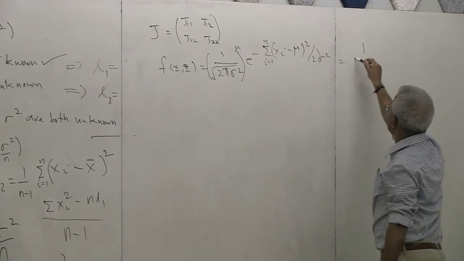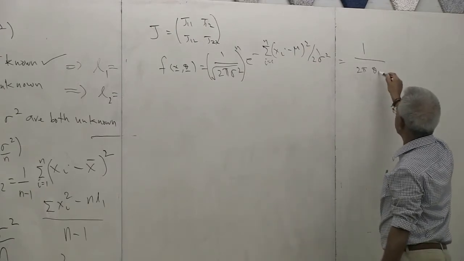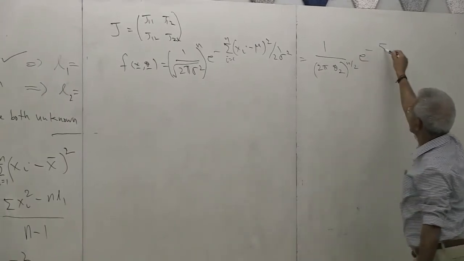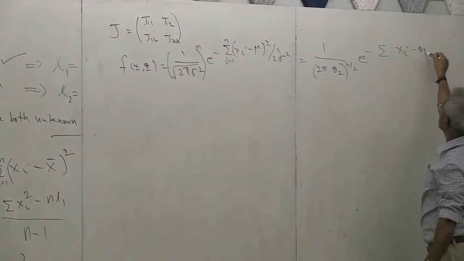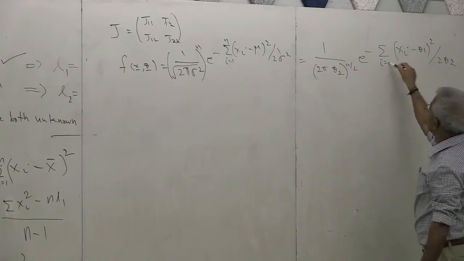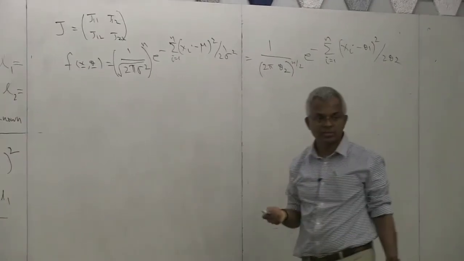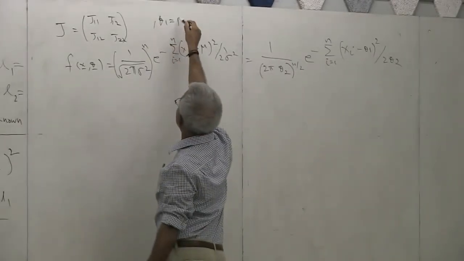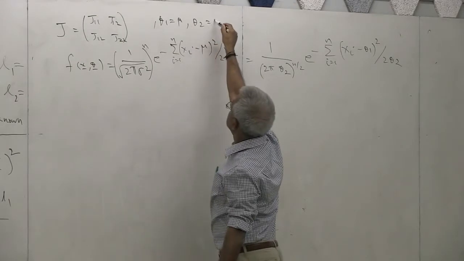So I'm going to write this as 1 over 2 pi theta 2 to the power n by 2, e raised to minus sigma xi minus theta 1 squared over 2 theta 2. Theta 1 is mu, and theta 2 is sigma squared.